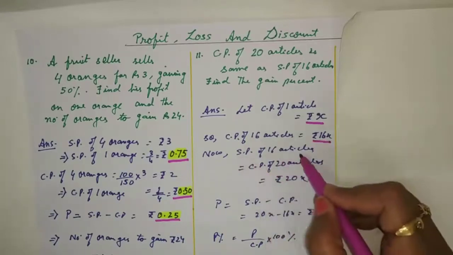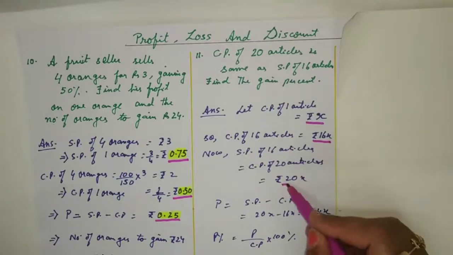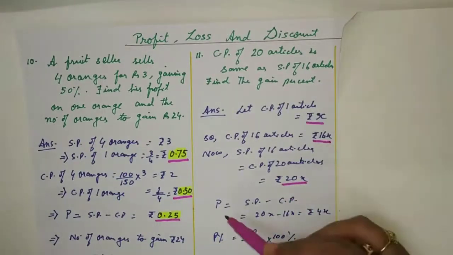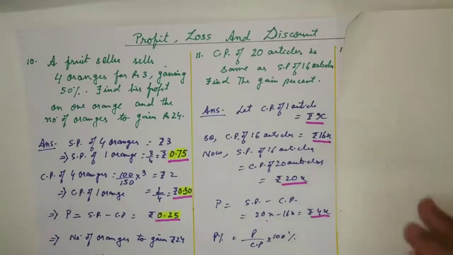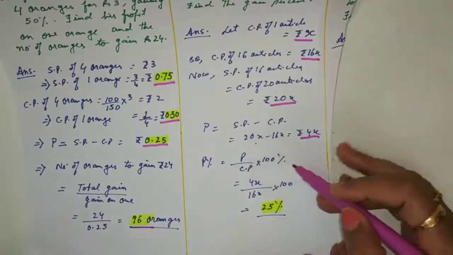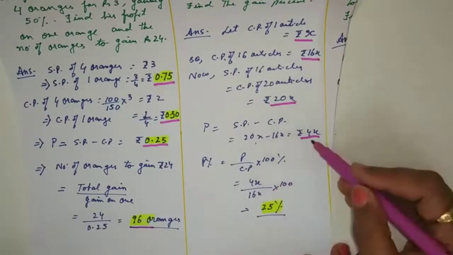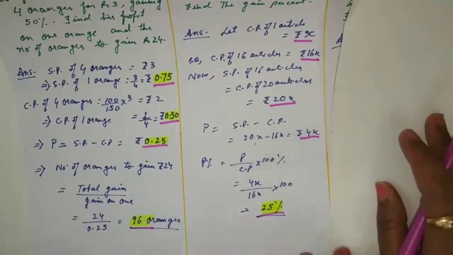So the SP of 16 articles according to the question is the cost price of 20 articles, which is 20X. Now the profit is SP minus CP, 20X minus 16X is 4X. Going back to the formula of profit percent, profit by CP into 100, substitute 4X by 16X into 100, and the profit is 25%.